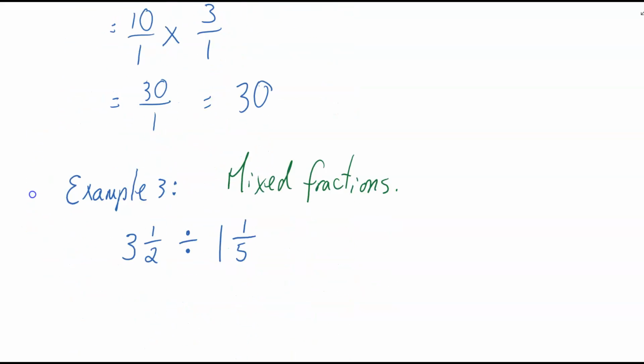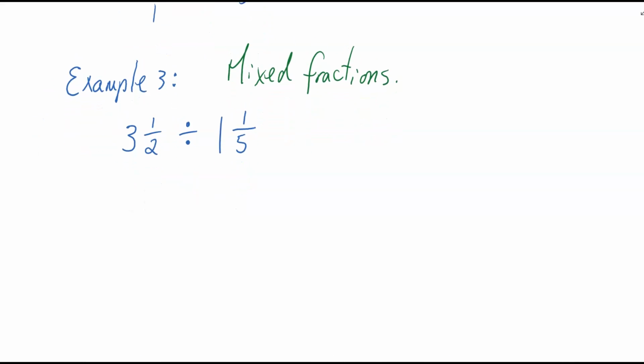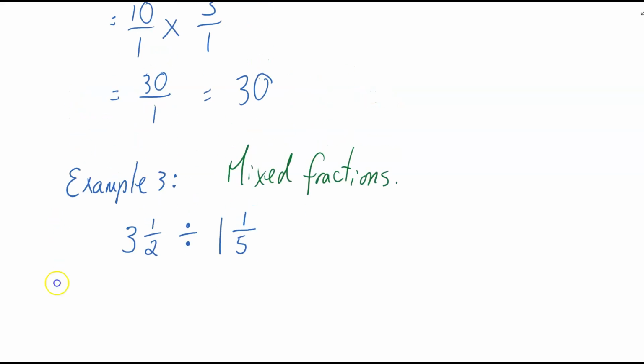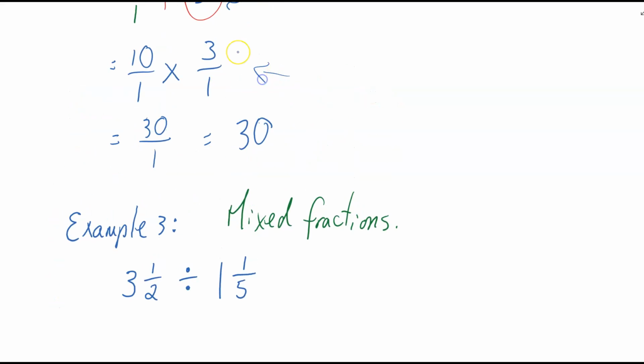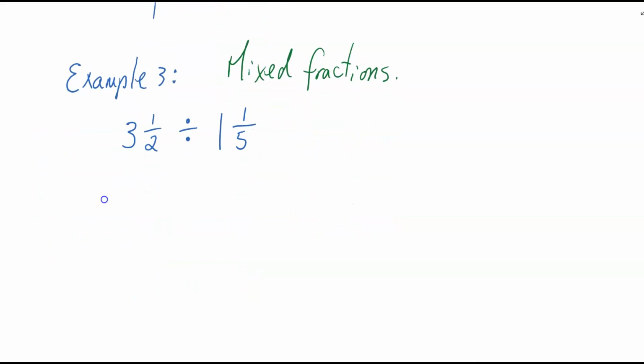In this last example, we'll see what to do with mixed fractions. For mixed fractions, we want to treat them the way we did with these ones. And if you notice, those are improper fractions. So for mixed fractions, change to improper.